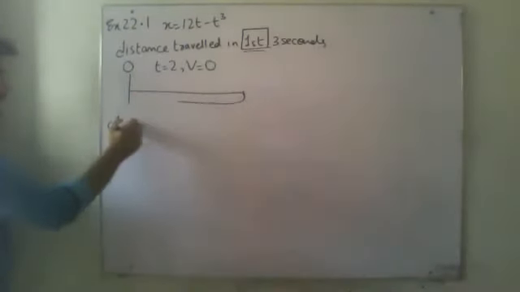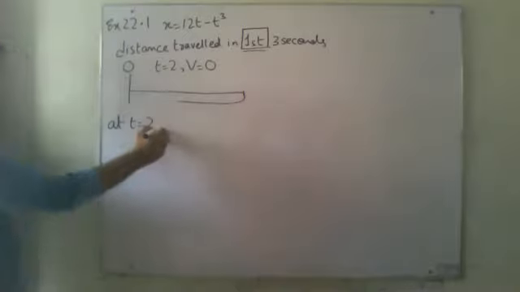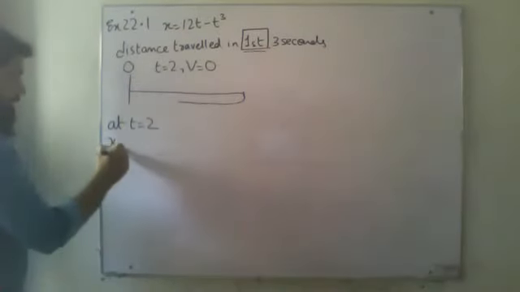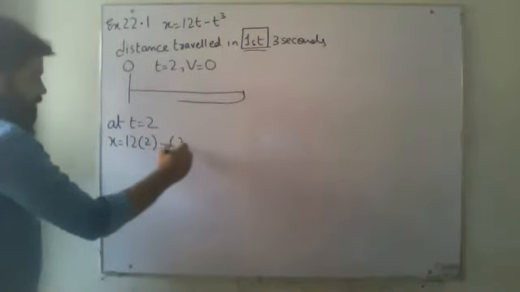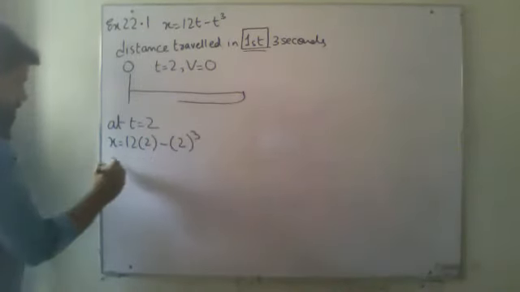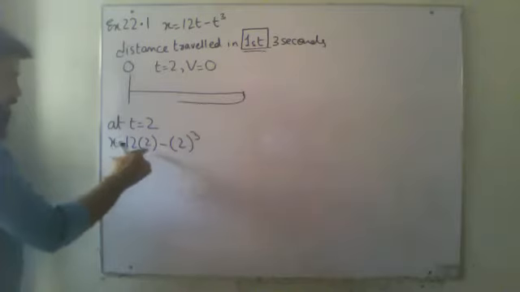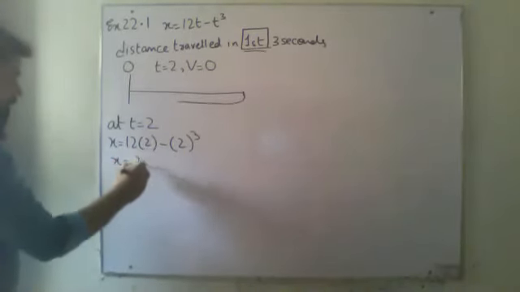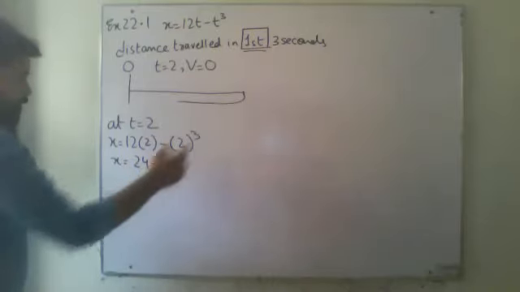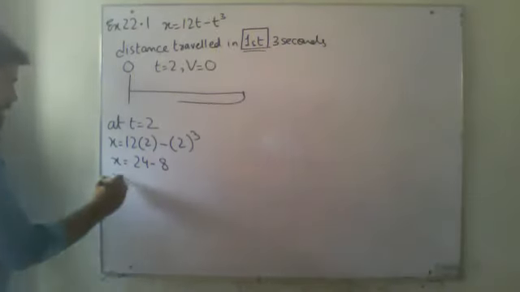Okay, so I am putting t equals to 2, x equals to 12 times 2 minus 2 cube. x equals to 12 into 2 will be 24, minus 2 cube will be 8.